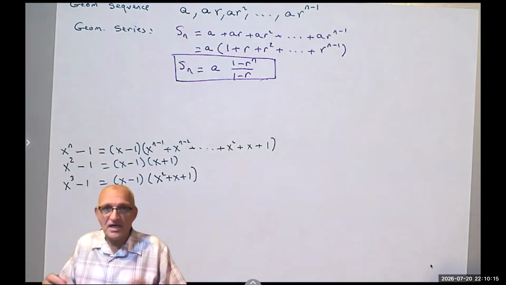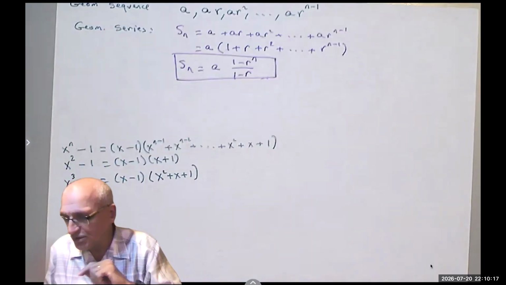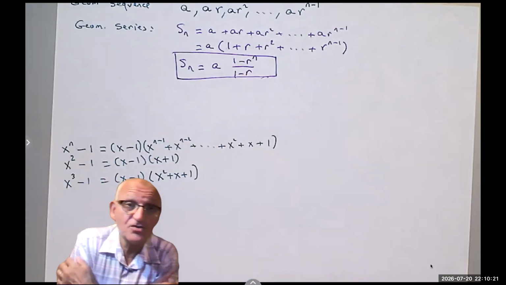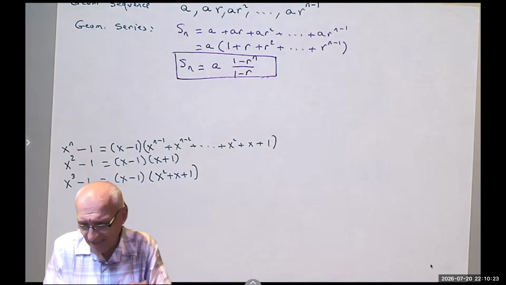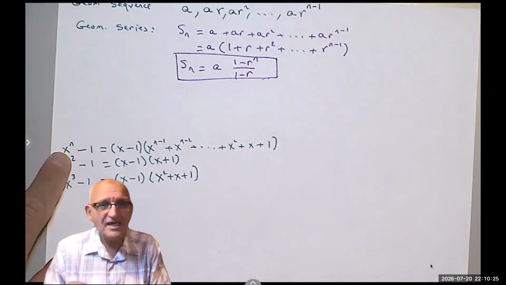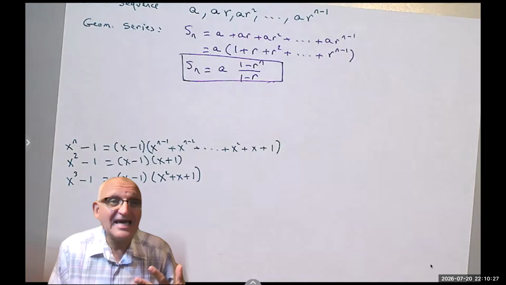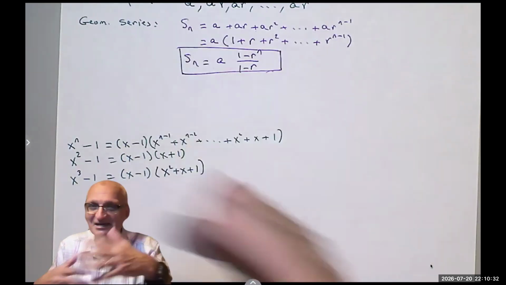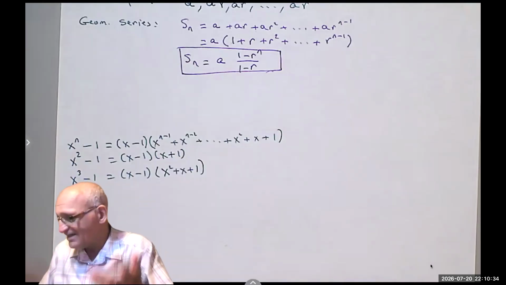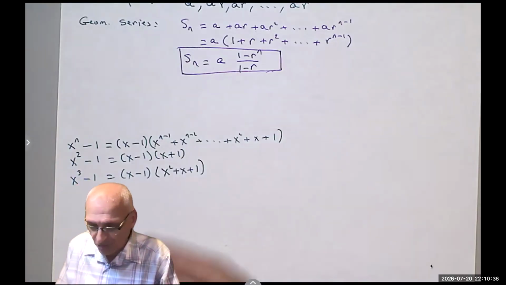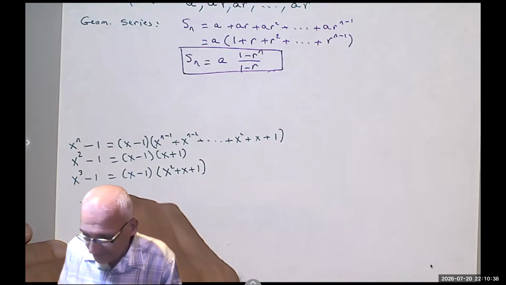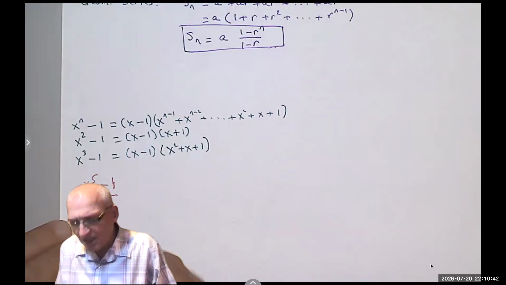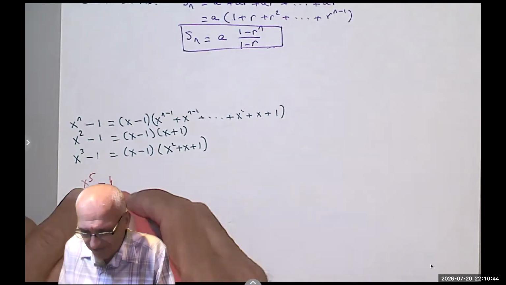1 minus r to the n over 1 minus r. Remember what I told you, it was x to the n minus 1. And I said, when I was a kid, I thought of x as 10. Why 10 again? For the zillionth time, I'm not bragging, I'm just telling you something happened and I was lucky it was correct. So, for example, if I had x to the fifth minus 1 over x minus 1, I said, okay, if x is 10, this is 100,000.